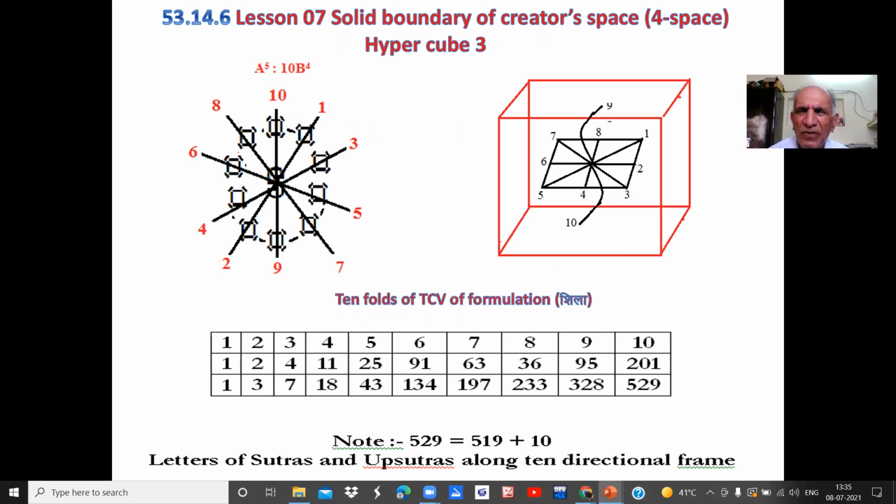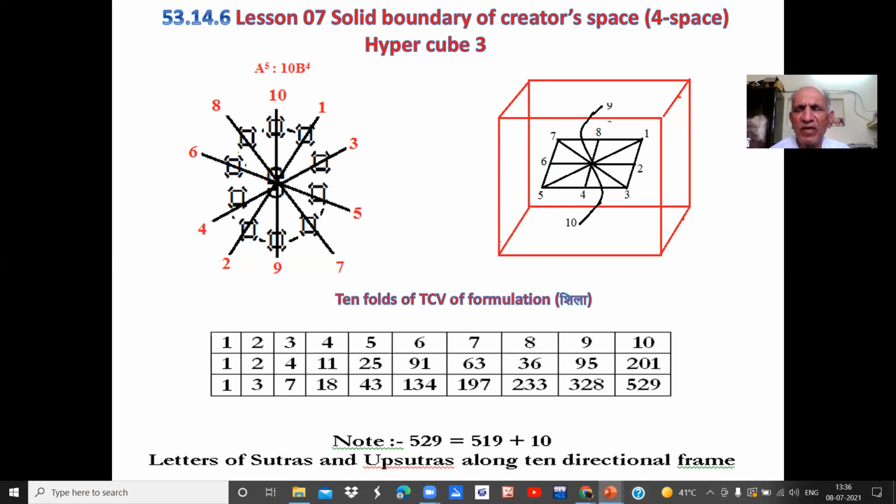have a revisit to the setup of hypercube 3 as fourfold manifestation within creator's space. 1, 2, 3, 4 quadruple values are the values of the quadruple folds of hypercube 3. The summation value is 10 and it is parallel to 10 directional frame, and further it is parallel to the creative boundary of the transcendental domain of solid order as well being of 10 components.